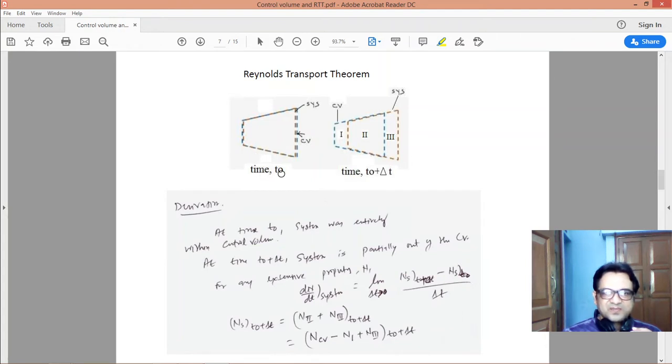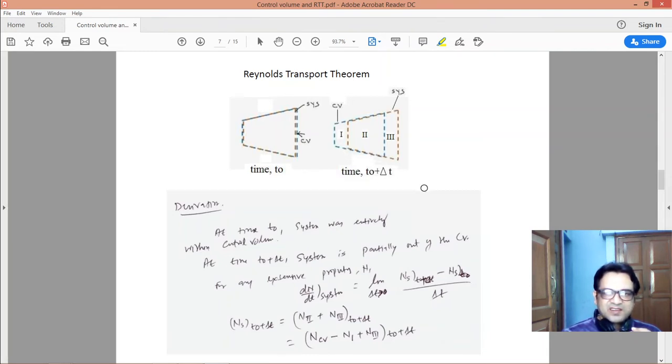Now after an increment of time delta t, the control volume will not move, but the system moves as per our definition. For a fixed control volume, the control volume remains at the same location, but the system is displaced to a new position.